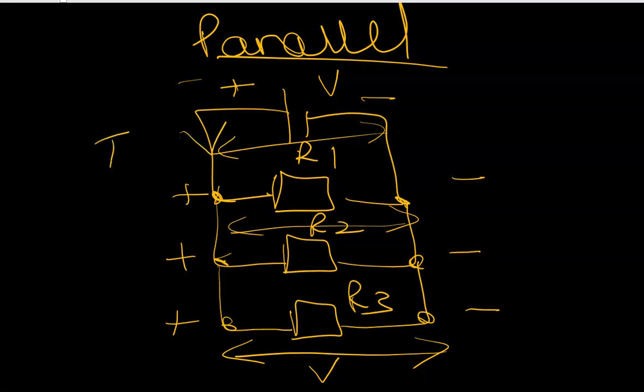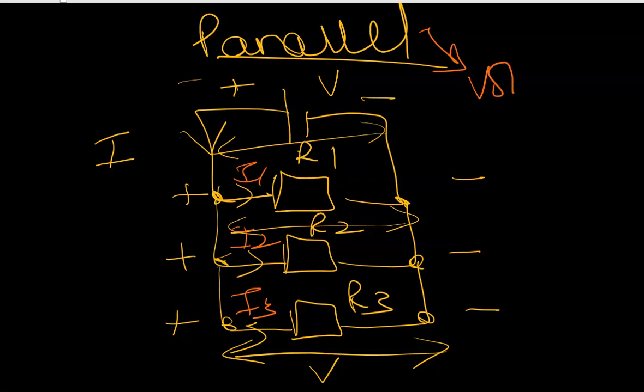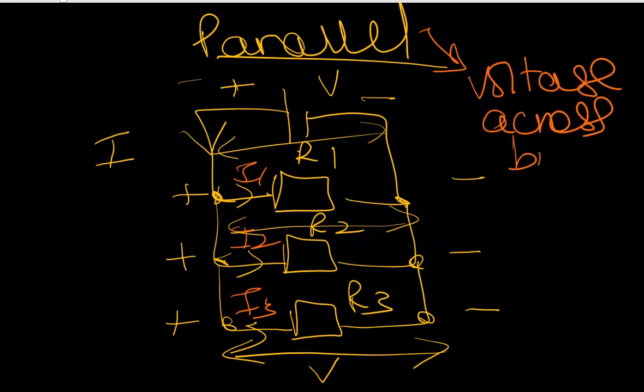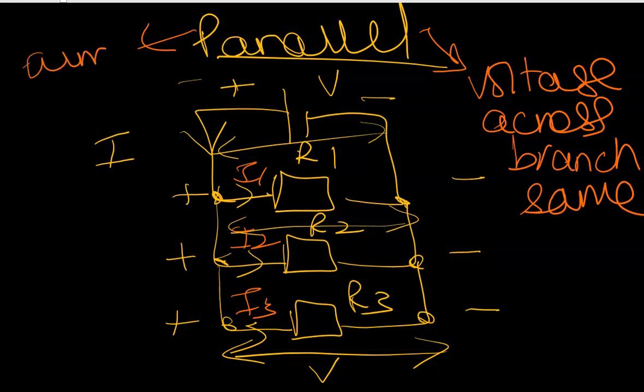The current I will split through each branch because the charges now have three ways in which they can travel. So for parallel circuits, the voltage across the branch is the same, but the current splits, so the current across each is different.